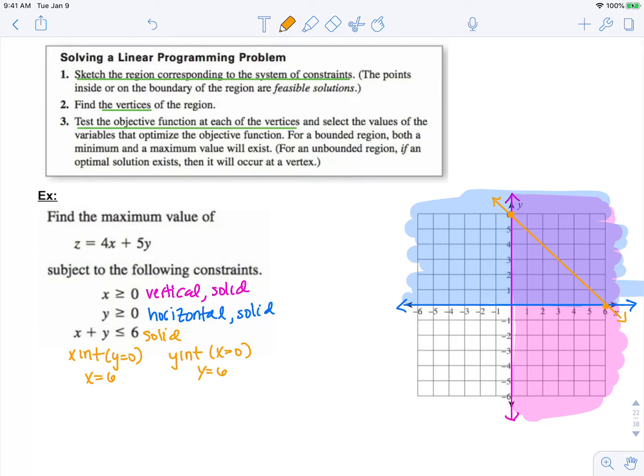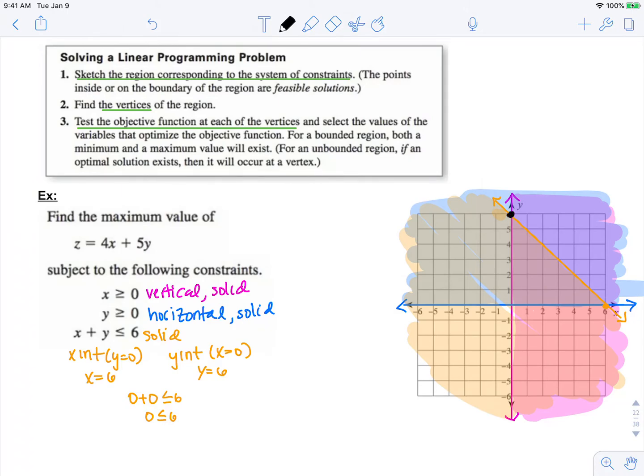And if I test 0, 0, 0 plus 0 less than or equal to 6, 0 is less than or equal to 6. So I shade everything below that line. So I can focus in on my feasible solution sets.